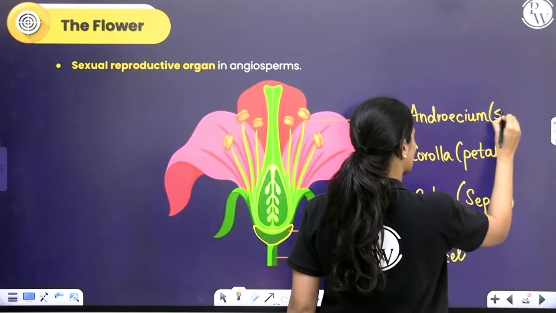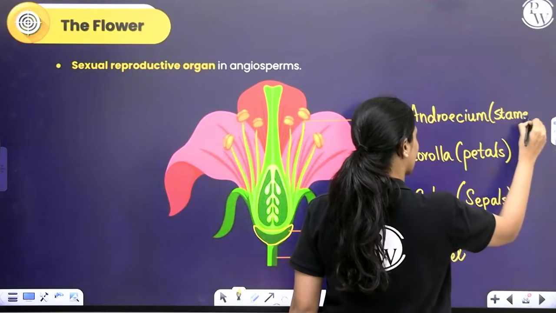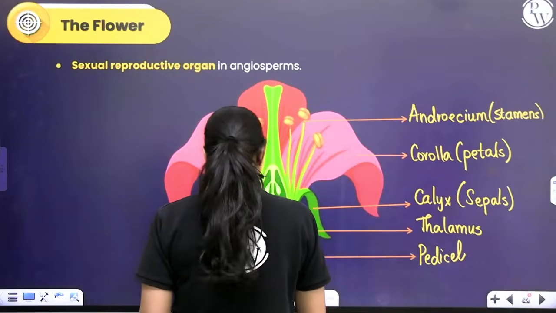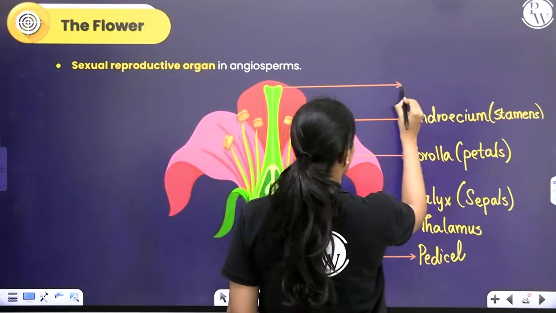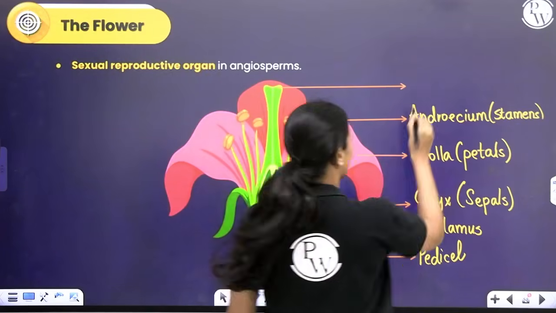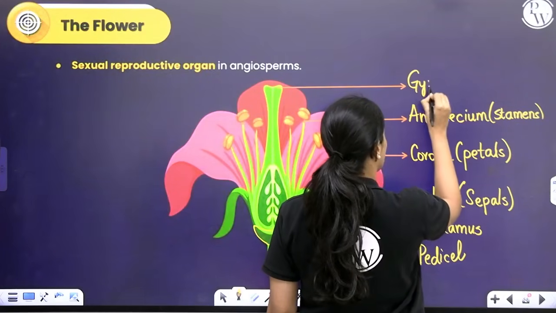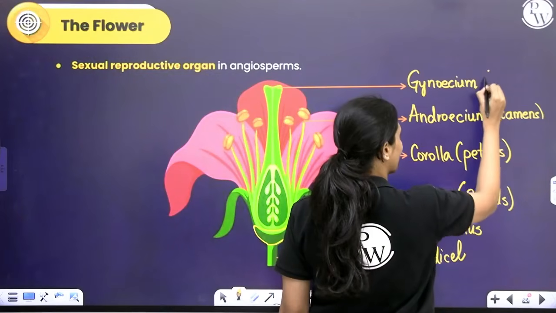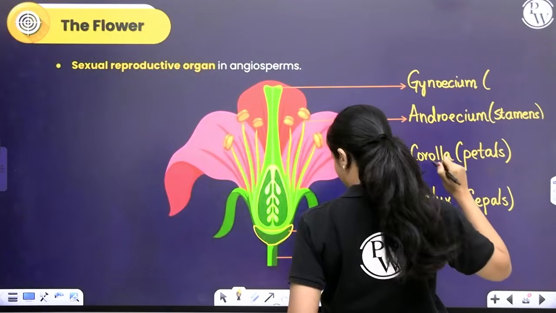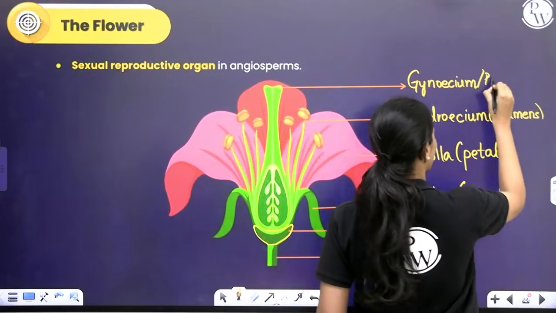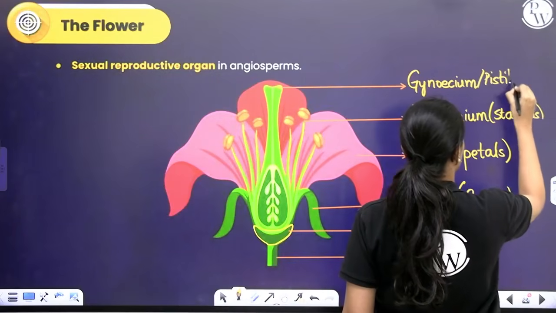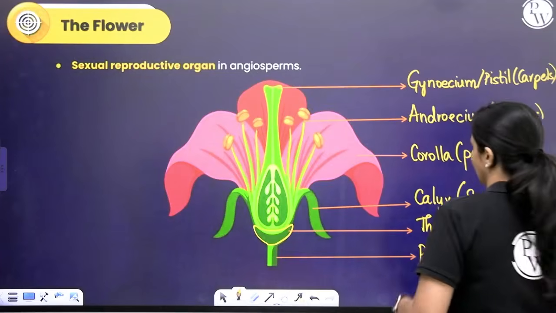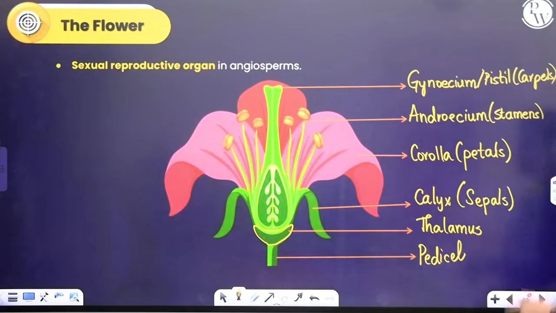Androecium includes the stamens, and the innermost whorl of the four is the female reproductive part, which is the gynoecium. Okay, and gynoecium is also called pistil. The units of gynoecium are called carpels. Okay, so these are the different parts of a flower.